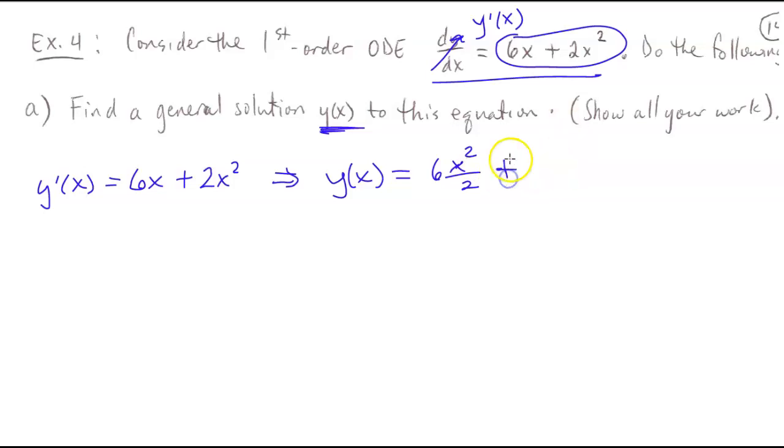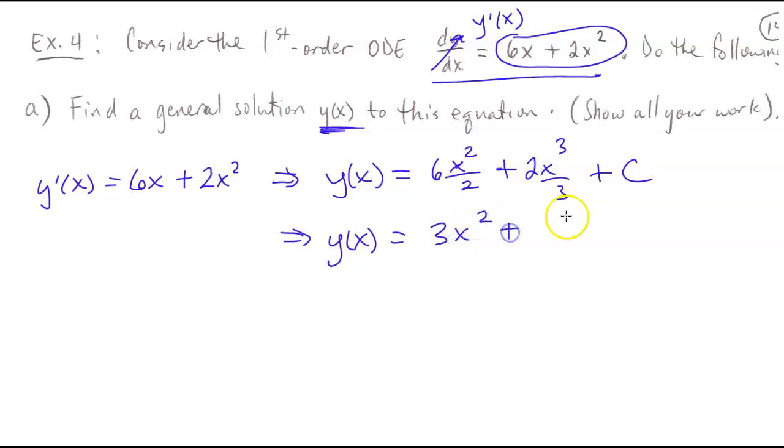Same thing for the next term, it would be 2 times x cubed divided by 3. And then we'll have an integration constant there. And of course, in simplifying everything, that will be 3x squared plus 2/3 x cubed plus some arbitrary integration constant c.